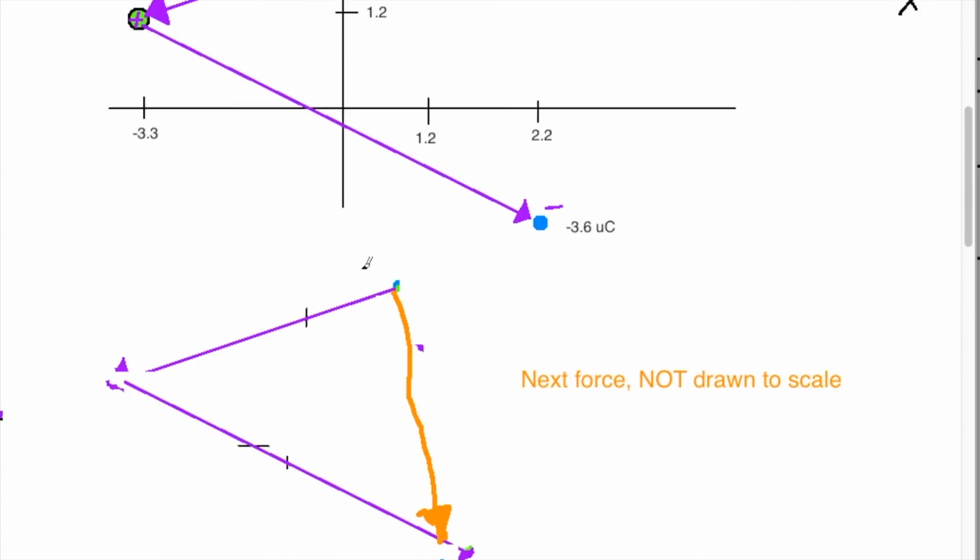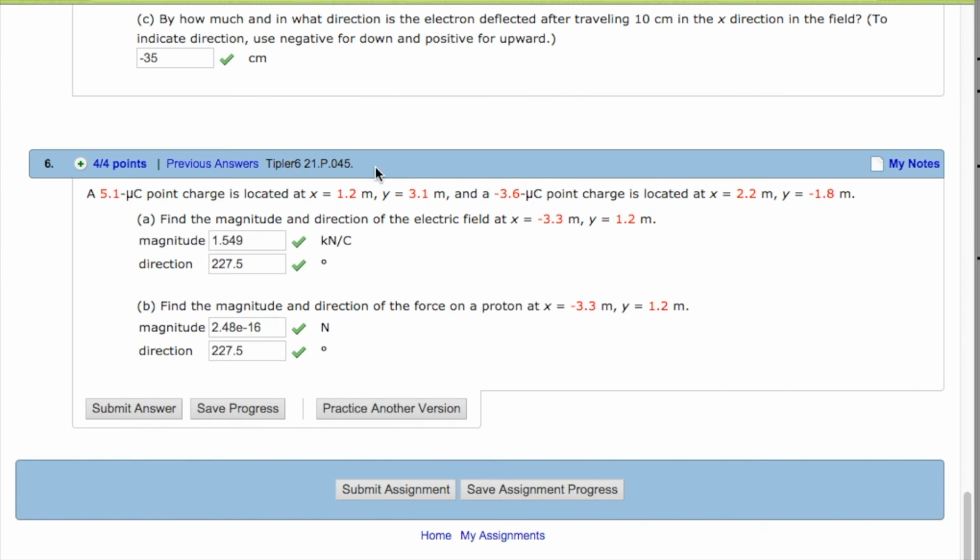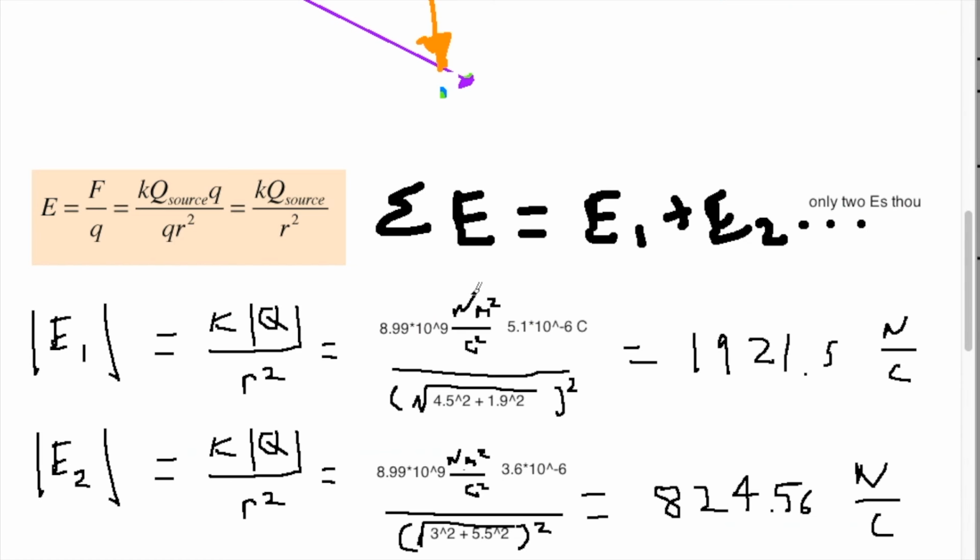That is electric field 1 equals kq over r squared. We know k, 8.99 times 10 to the 9th newton meters squared per coulomb squared. We know q, it tells us it's 5.1. It doesn't matter positive or negative because we're taking the absolute value of q, times 10 to the minus 6 coulombs because we always want to use coulombs, divided by r squared.